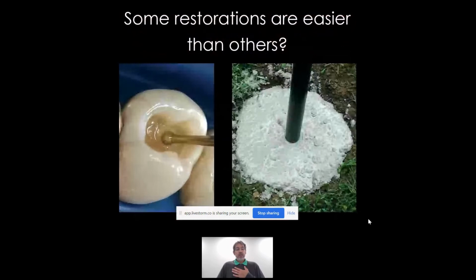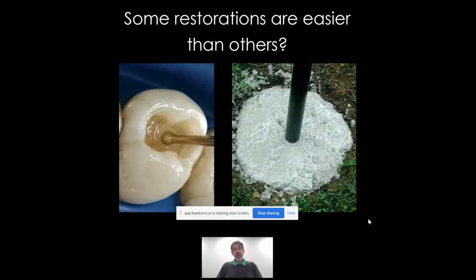So we all know that a class 1 restoration is relatively easy to do because it's like cementing a post in the ground. The entire preparation is surrounded by intact tooth structure. From a composite placement point of view, it's a little bit more of a challenge because you have a higher C factor. You're bonding to 5 walls, and hence that's a bit more of a challenge.